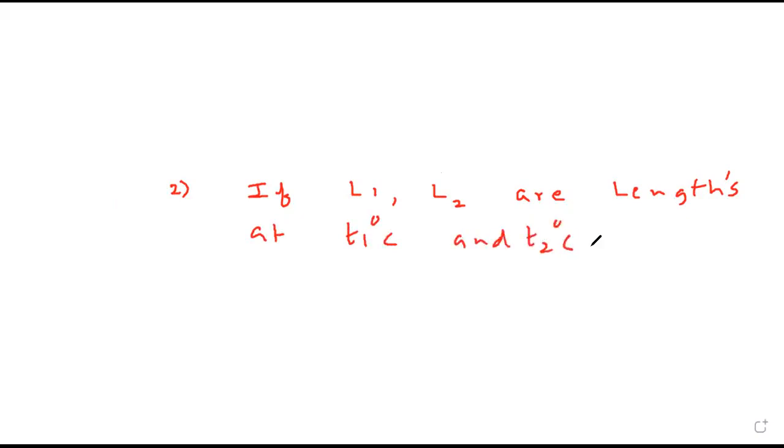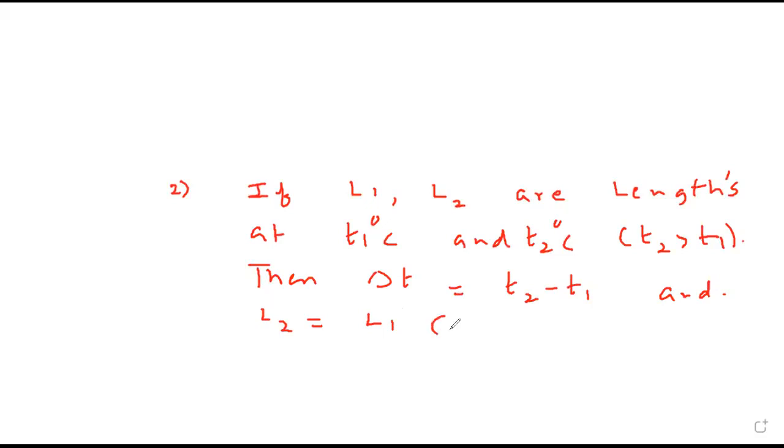Second point. See, all notes are for numerical or MCQs. If L1, L2 are lengths at T1 degrees Celsius and T2 degrees Celsius, where T2 is greater than T1, then delta T is T2 minus T1, and we can write L2 equals L1 (1 plus alpha delta T).